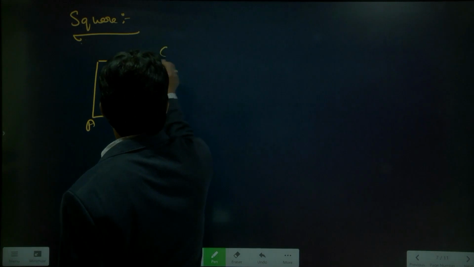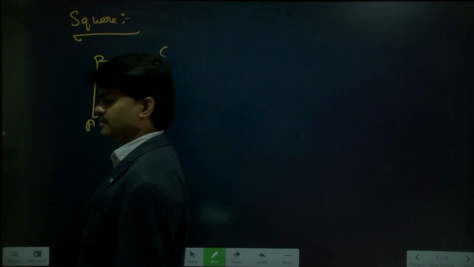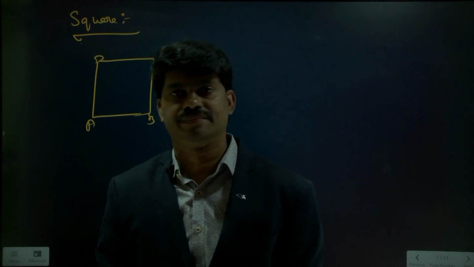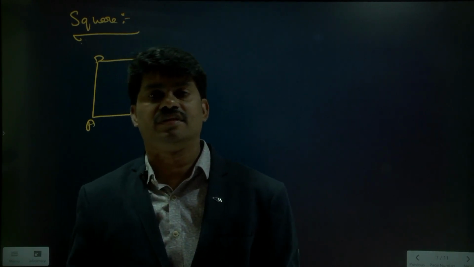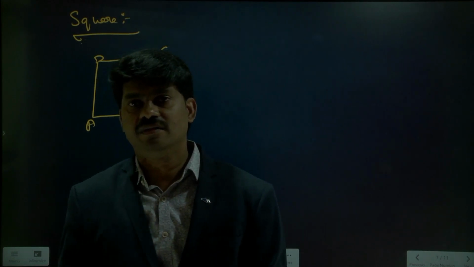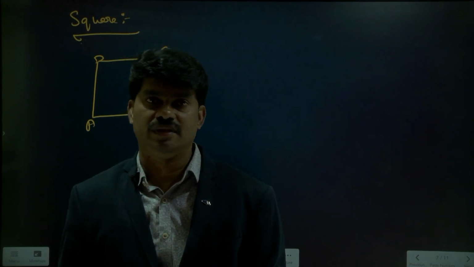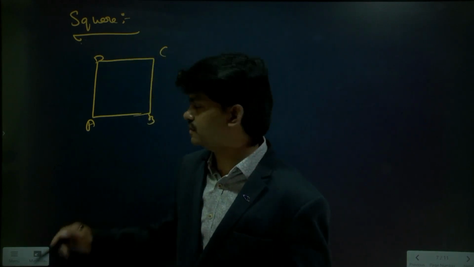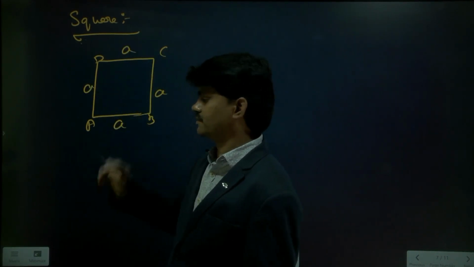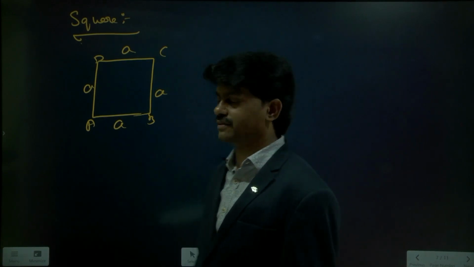What is the difference between square and rectangle? Can you guess? Yes, in a rectangle only opposite sides are equal. In a square all the sides are equal. We will take the equal side as A units.